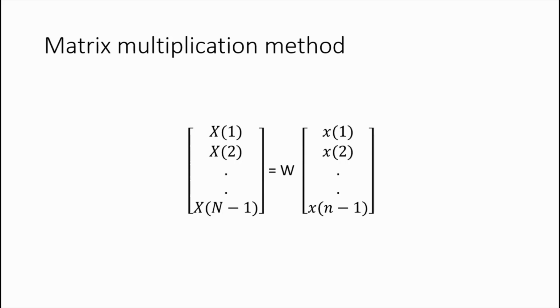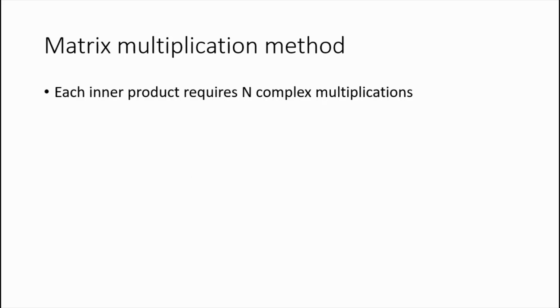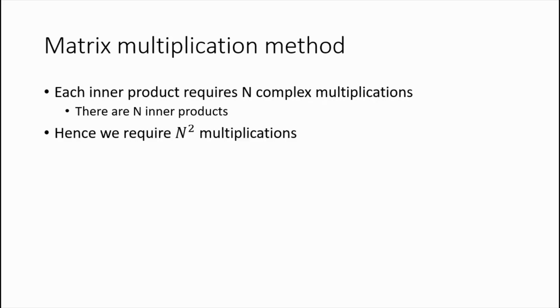Now if we notice how many complex multiplications and additions there are, each inner product requires N complex multiplications. There are N inner products, so hence we require N square multiplications.